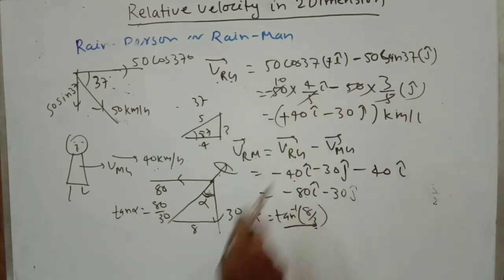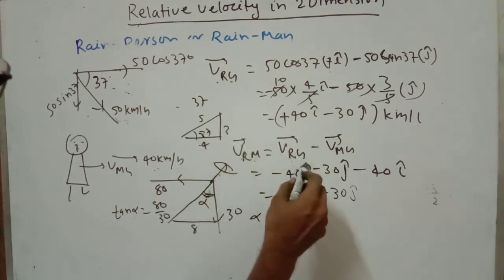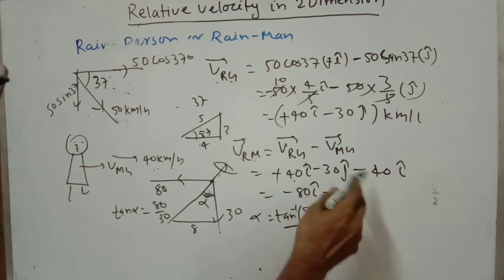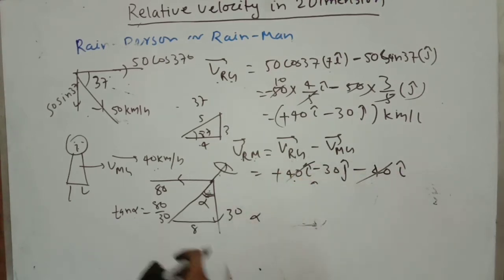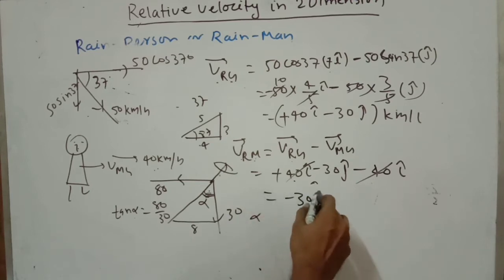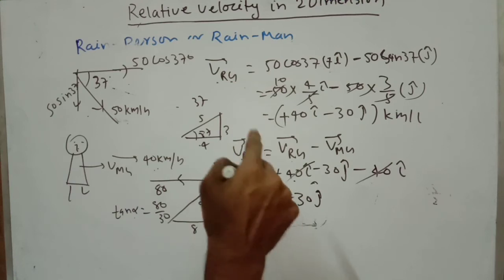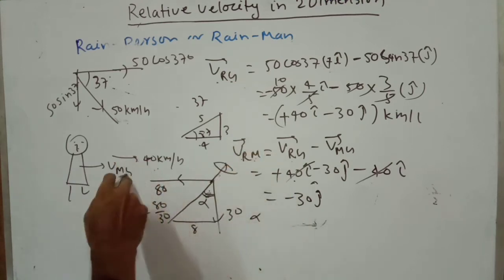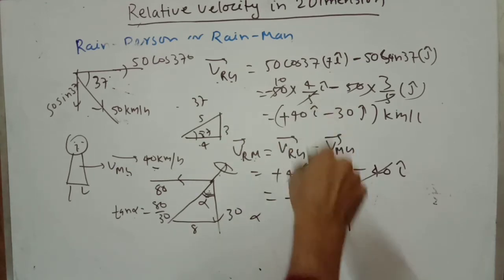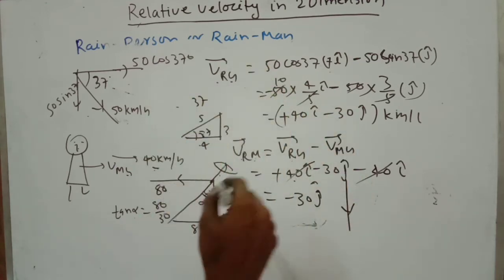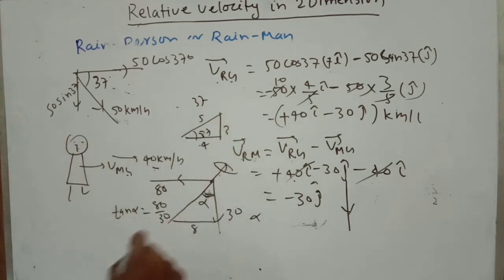This is 40 i minus 30 j. Now the velocity of rain with respect to man is 40 i minus 40 i, which cancels out, so only minus 30 j remains. That means when the man moves with 40 kilometers per hour, the rain comes vertically downward over the head of the man.